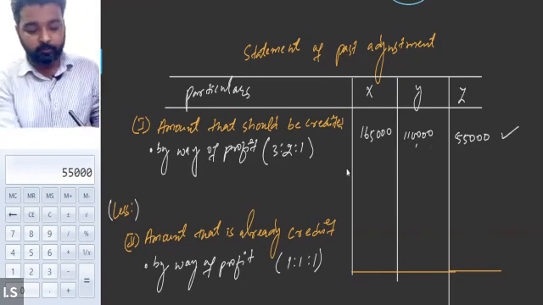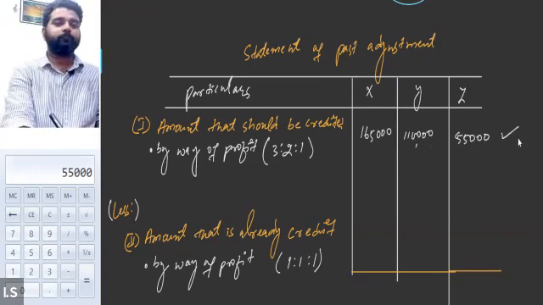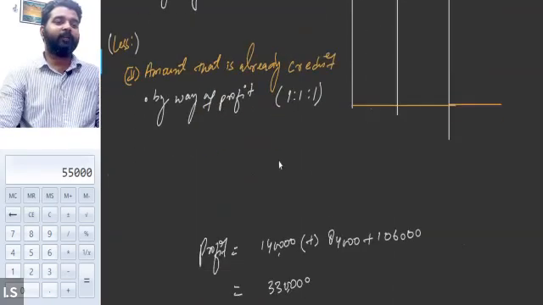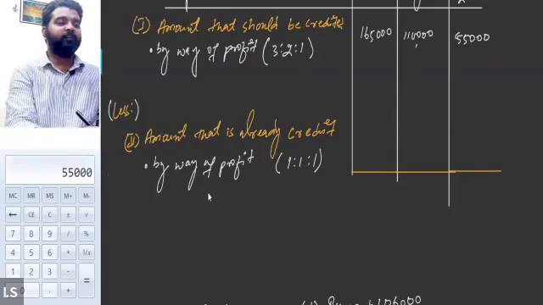Is that correct, Halima and Aman? Yes. Is this clear, both of you? Yes, sir. But by mistake, we have divided the entire amount of profit, this 3,30,000, in the equal ratio.